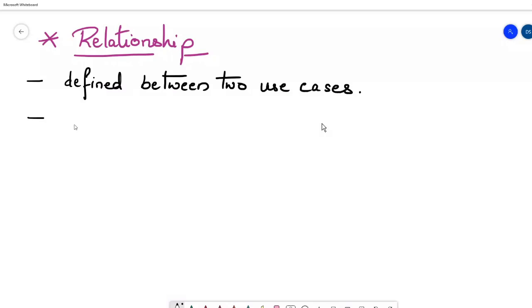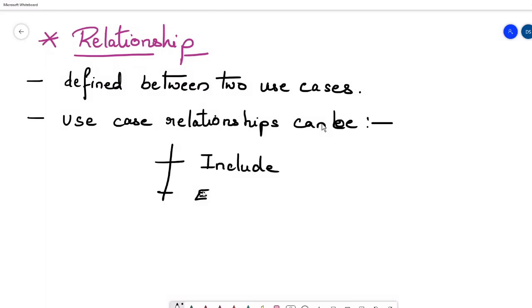So the use case relationships can be either include or extend. Let's see what these are. It is very easy to understand.